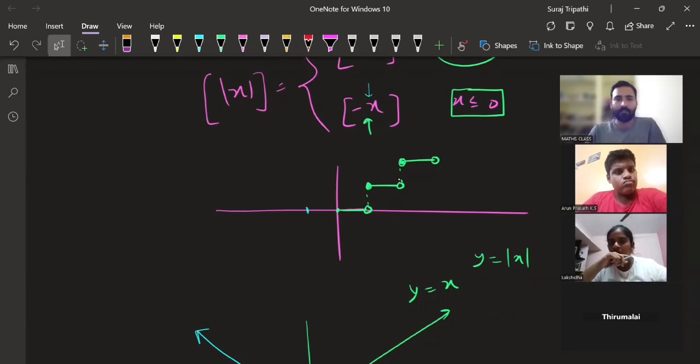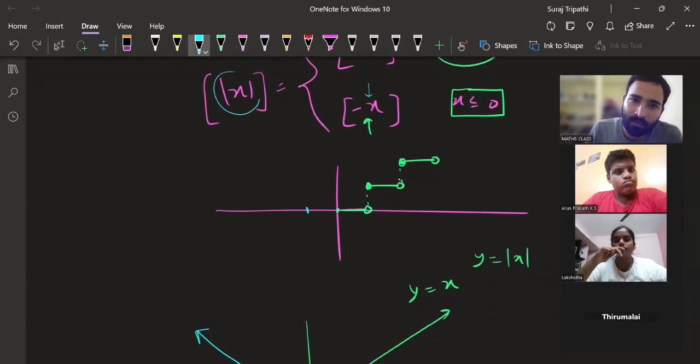For negative x, mod x is always a positive number. So how will the graph look for this one? Same as the previous one. For negative x, I am taking positive here. See, x is negative, but by putting negative values of x here, this minus will become positive.